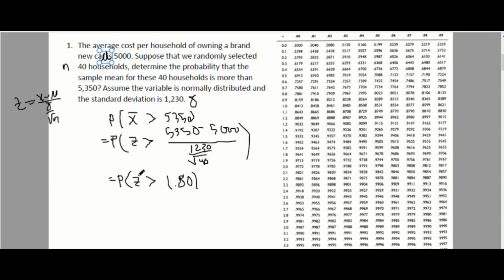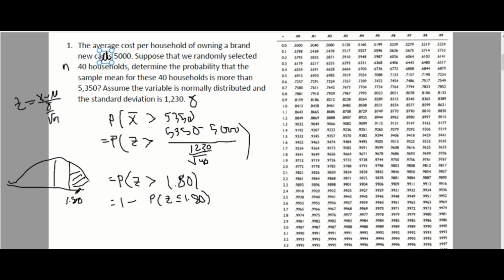Now take note, this is greater than, so our strategy tells us that we must have 1 minus the area to the left. It's because the table that we're using is the area to the left. So we're asked to find z greater than 1.80.